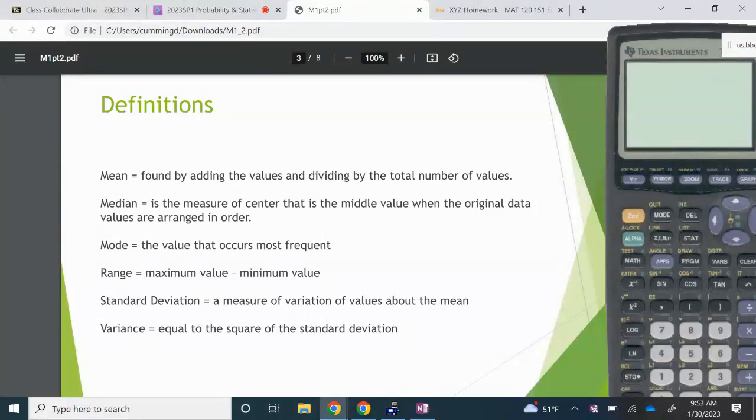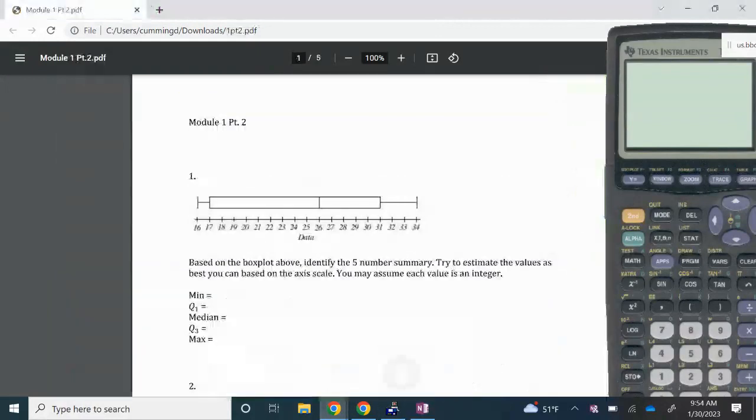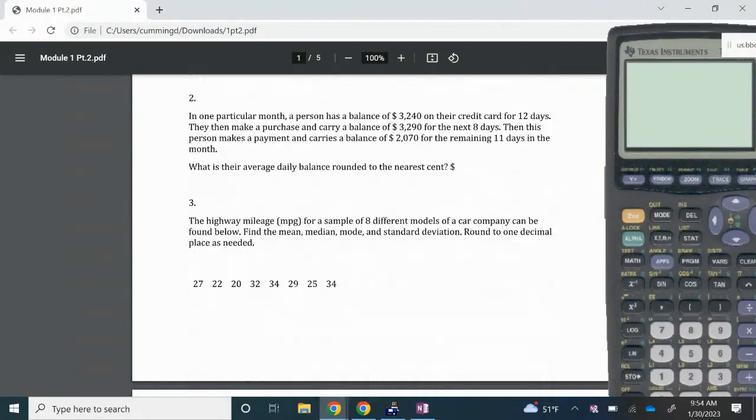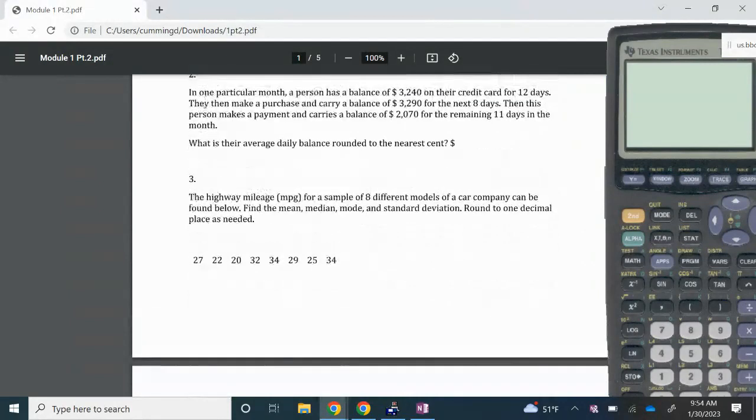Now, fortunately, we don't have to calculate that by hand. We're going to use a calculator to calculate each one of these values. All right, so I'm going to go back to the handout, and I'm actually going to skip down to number 3.